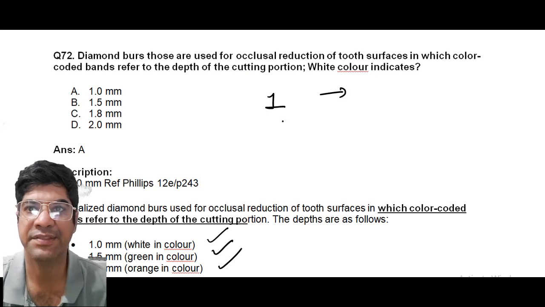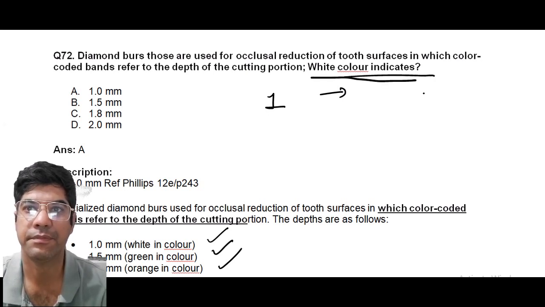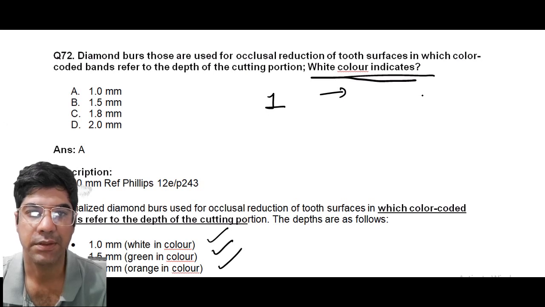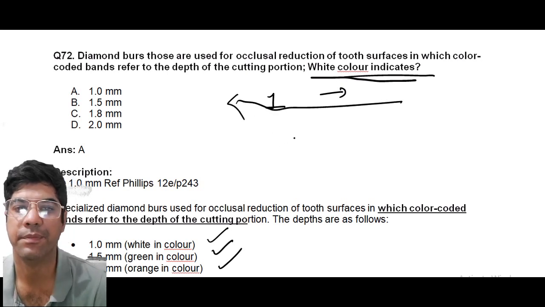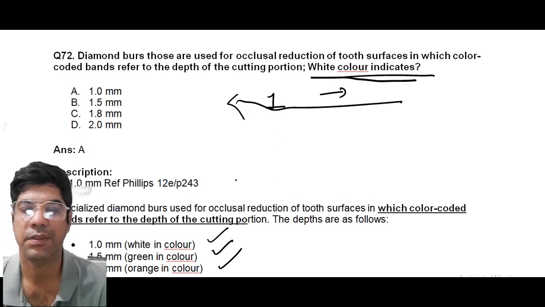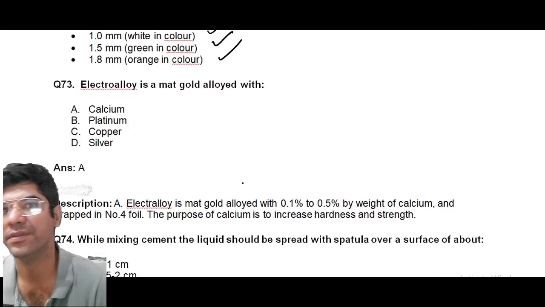When the band is white in color, it indicates a cutting depth of 1 mm. So that is your answer.